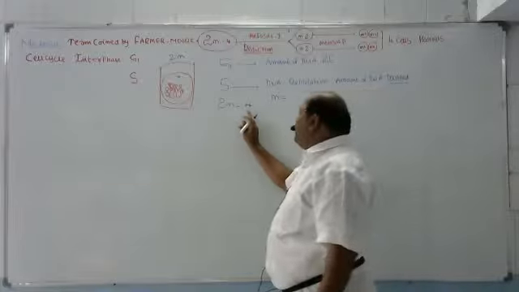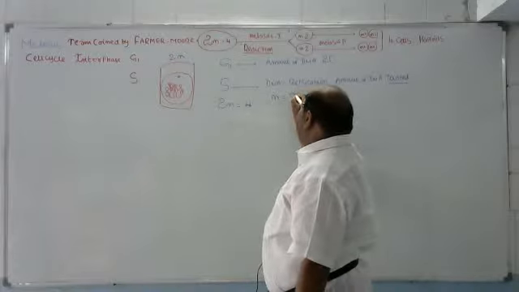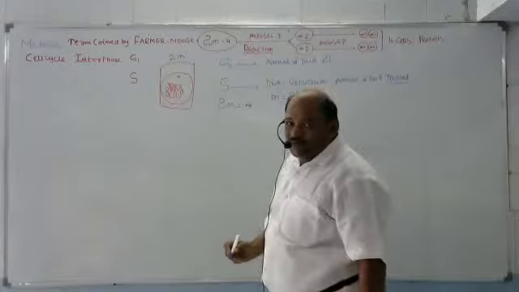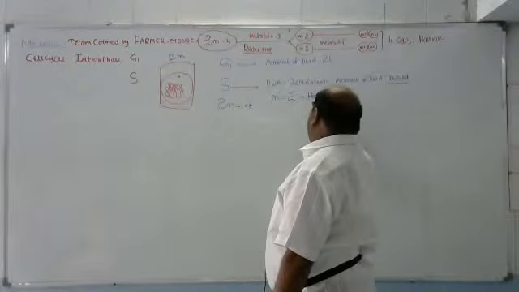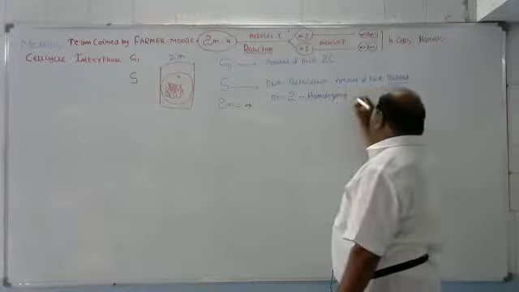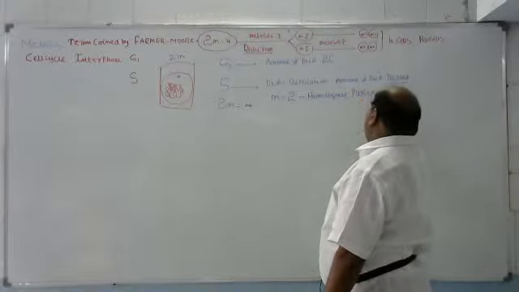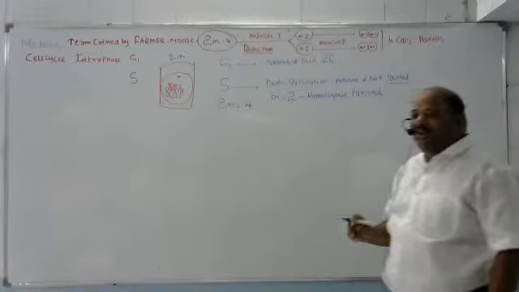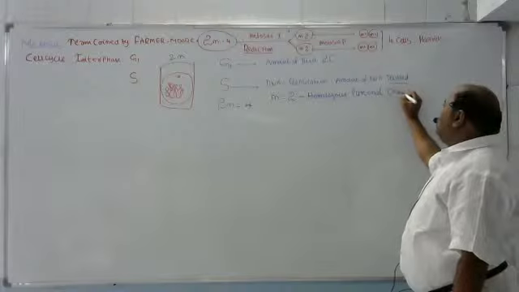If you take 2n equals 4, now 1n equals 2 chromosomes. They are from the male. They are called homologous paternal chromosomes. This word you have to remember continuously. It will come: homologous paternal chromosome.